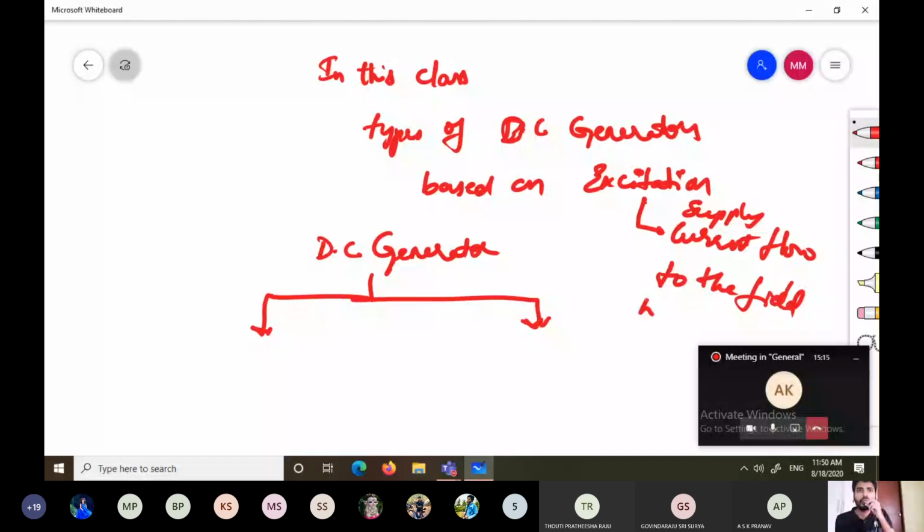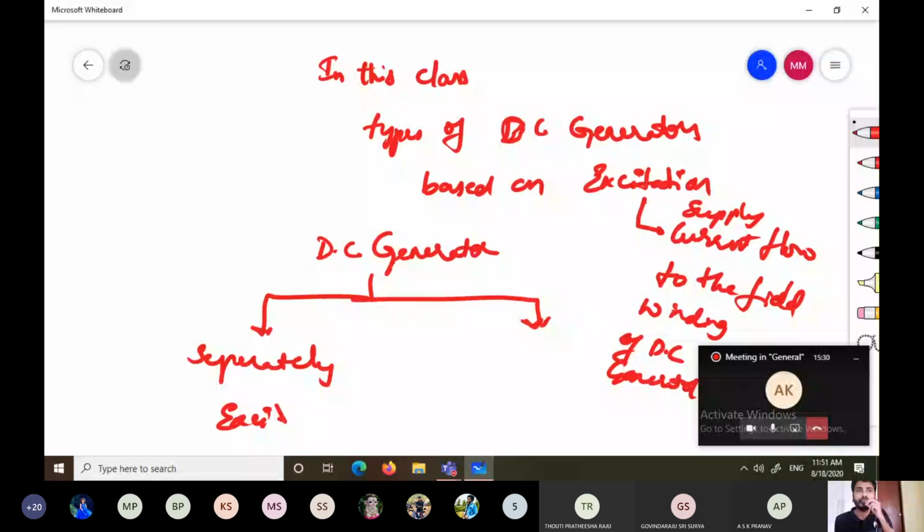Okay. Now DC generators are classified into mainly two types. Those are separately excited and self-excited DC generators. What is the difference between separately excited and self-excited? We'll see now. First, I will talk about separately excited DC generators.